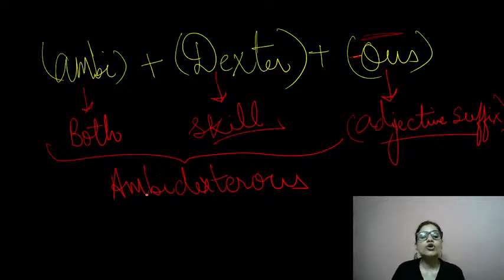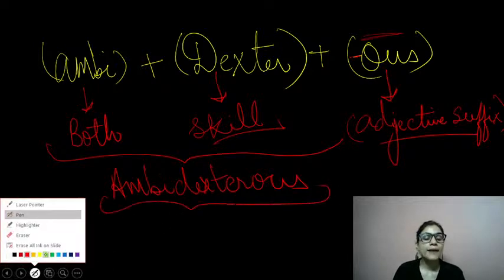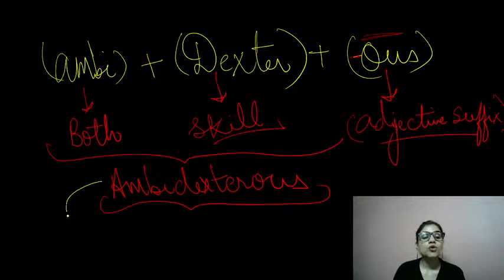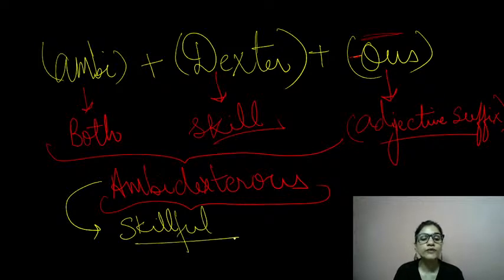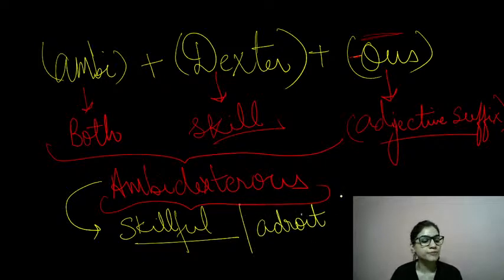Now coming to the symbolic meaning, how do we go by the symbolic meaning, guys? Ambidextrous is a person who is very, very skillful, meaning he knows where to use what, very adroit or adept.